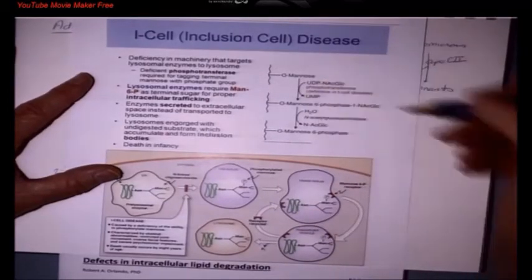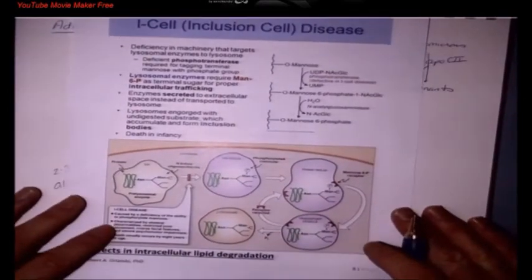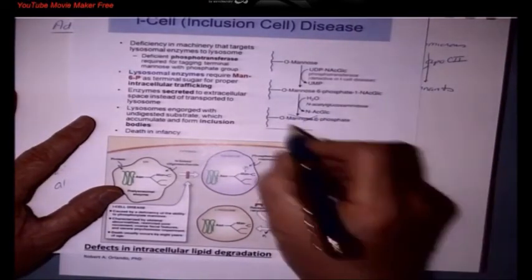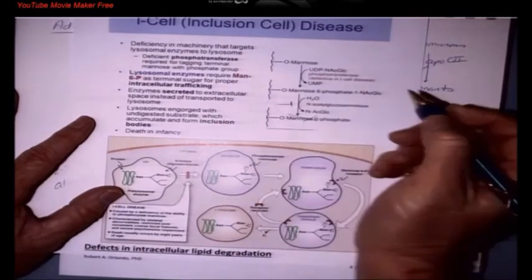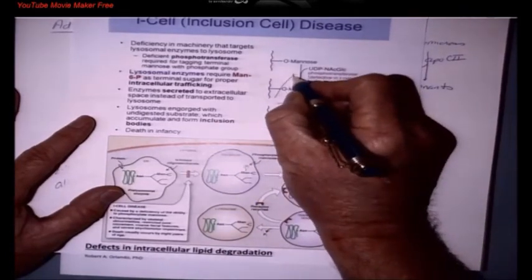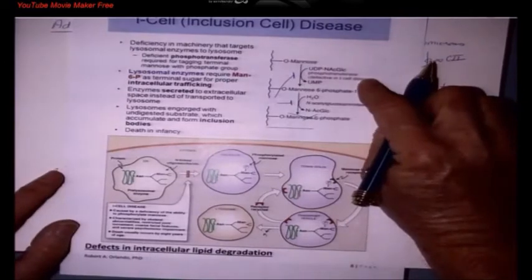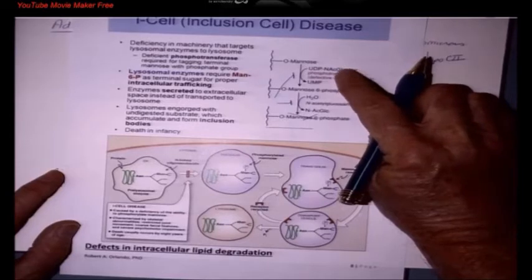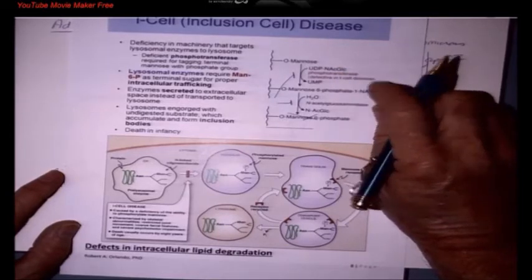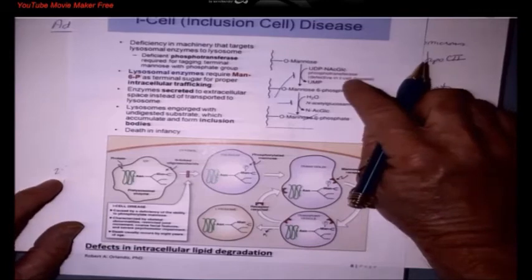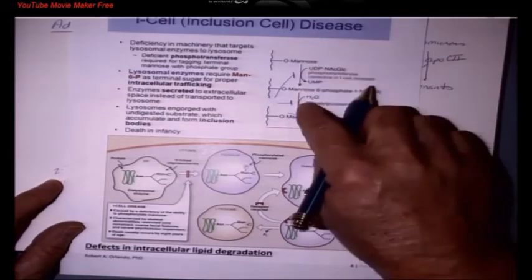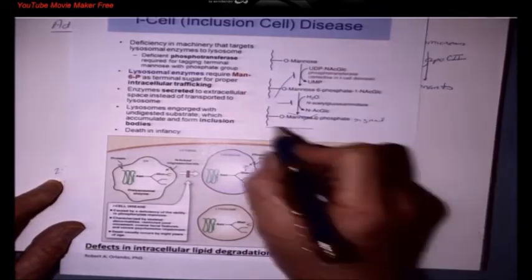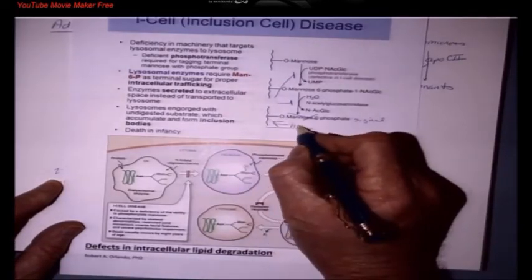So this is the biochemical path on here, but the key evidence here is that this mannose 6-phosphate is no longer here in this deficiency. So this first enzyme, the UDP N-acetylglucosamine, this is not going to be working. It's not going to be active. Don't have to worry about that enzyme. The key element here is that the mannose 6-phosphate signal is not going to be on the hydrolase.